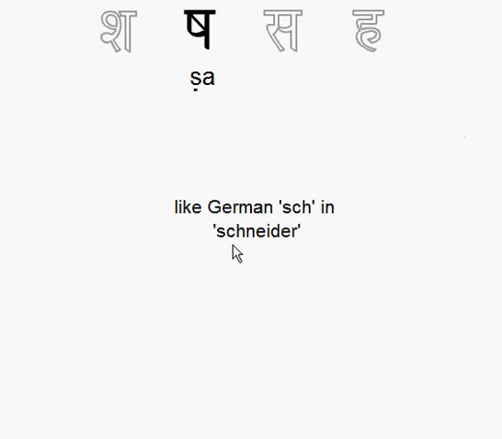Shop, for example. The SH sound in shop is different from Schneider. Do you hear that? It's a little bit sharper. So that's the difference between this sha and sha. But for most practical purposes, many people just think it sounds the same. If you want to get technical about it, it's just a little bit sharper.